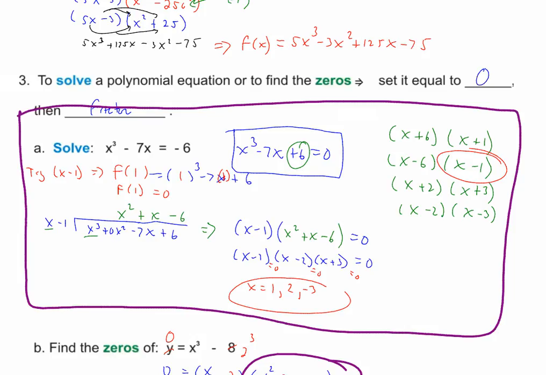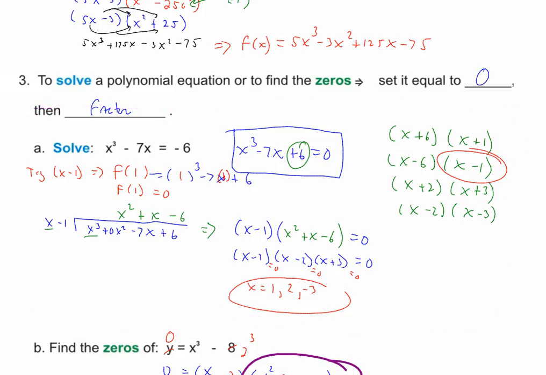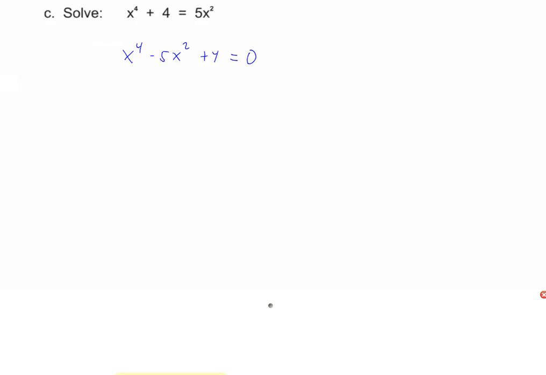Man, first we got to find possible factors. Then we got to find the one that'll give us a 0 remainder. Then we got to do long division. Then we got to factor off the trinomial of long division and finish this thing off. It's a big process. That thing is long and involved. And it's all so we can factor. That's the whole purpose, so we can factor.